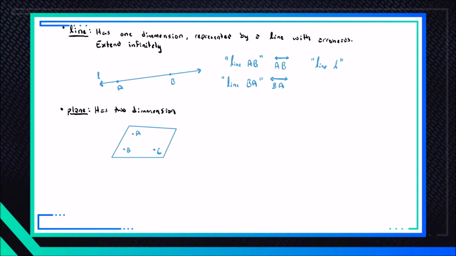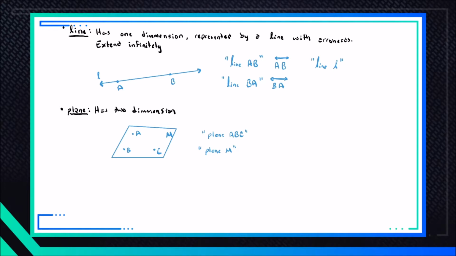So we can call this plane ABC. And sometimes you'll see planes that just have a letter floating out here, and if you see no point with that letter, that is simply going to be called plane M. That M is a label, not a point.